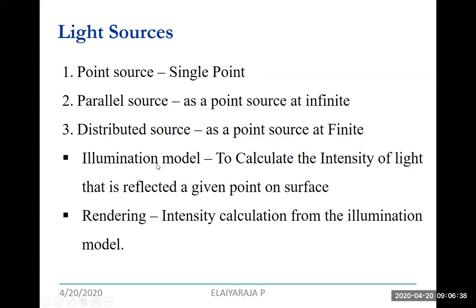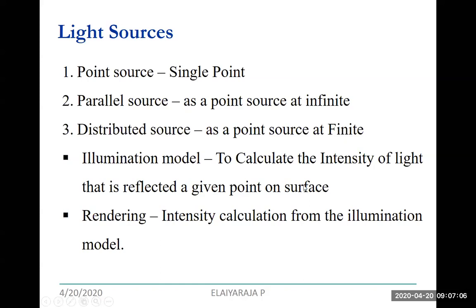So the illumination model calculates the intensity of light that is reflected at a given point on a surface. At the given point on the surface, your light source is going to reflect, refract or diffuse.